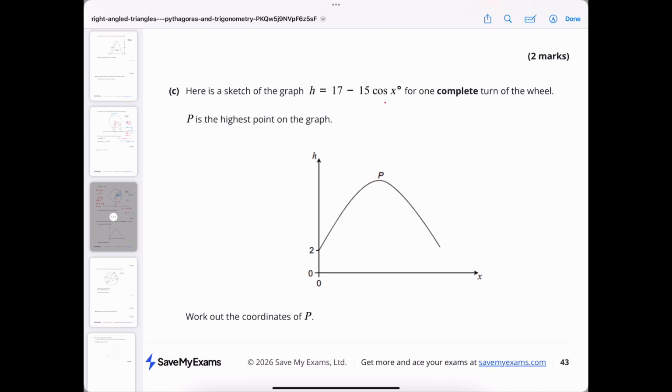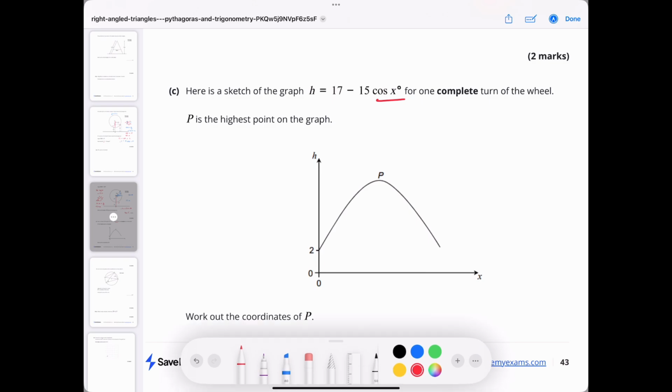I think there might be more to it, but there's a graph sketching 17 minus 15 cos X for one completed turn. P is the highest point on the graph. Work out the coordinates of P. So P is going to be highest when cos X is at its lowest. Cos X is at its lowest when it's at minus 1, and when it's at minus 1, it's at 180.